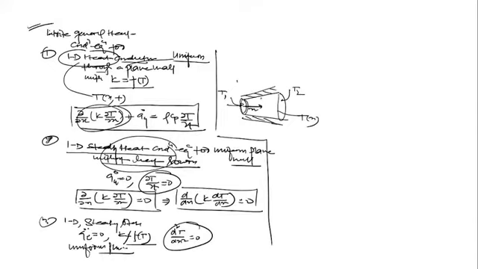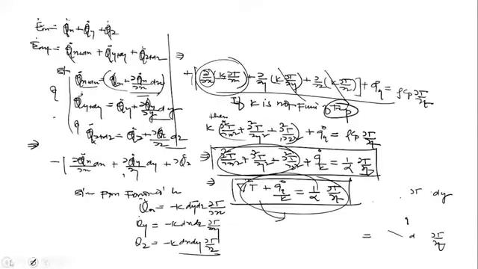So let's say at any section area is a function of x. This area is a function of what? X. Here area is a function of y, area is a function of z. Are you getting a point?